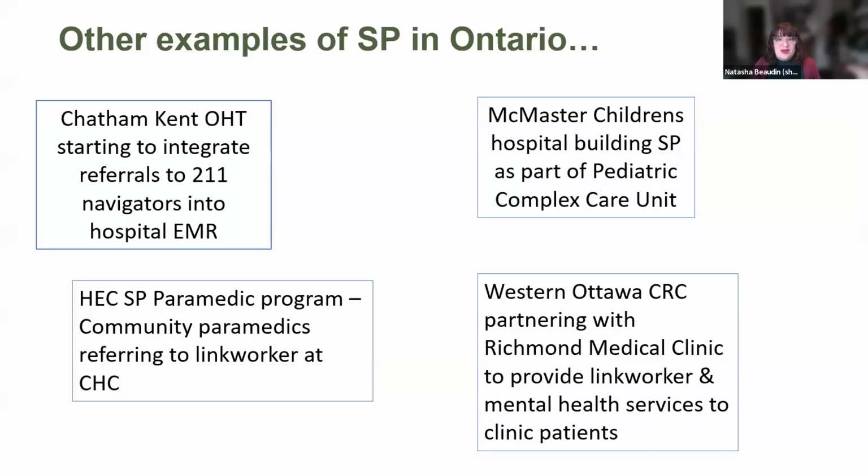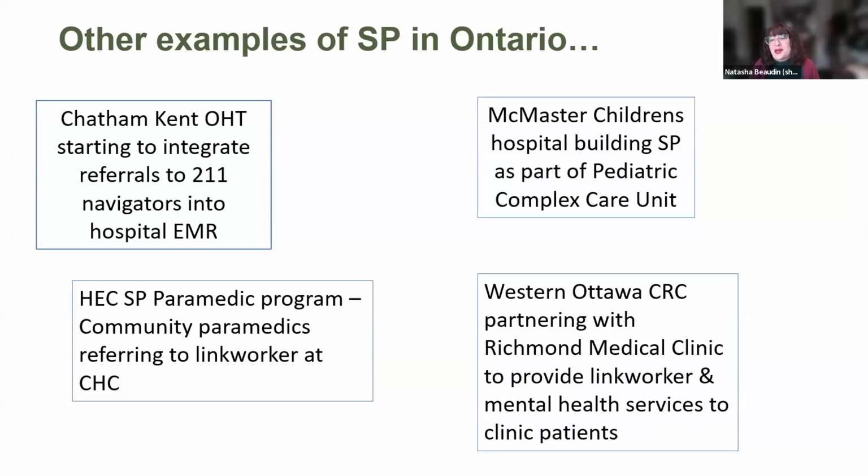Just amazing story. I wanted to share a few quick examples of how social prescribing is already being implemented across Ontario. So I know OHTs are implementing, hospitals are implementing. There's an amazing program right now with Healthcare Excellence Canada, the community paramedic program, and they are working with their community health center to refer, the paramedics are referring to the link worker at the CHC.